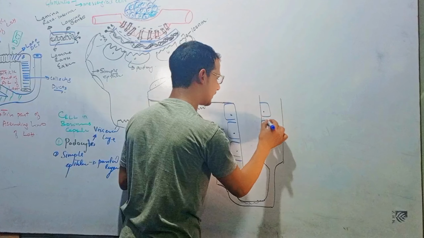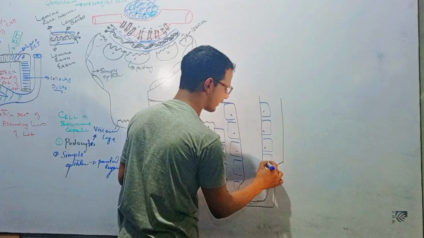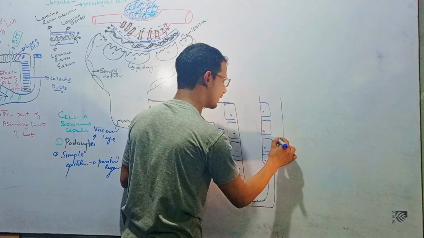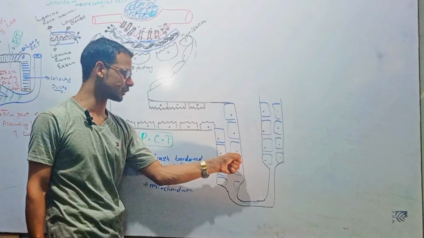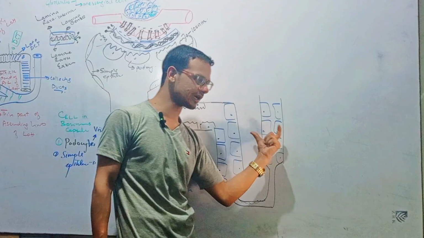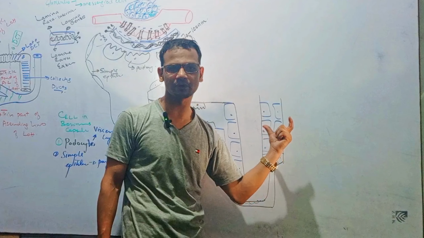Simple cuboidal epithelium, but there is a lot of difference between the ascending and descending limb, right? We will discuss that these cells have a very special type of transporter called aquaporin type 1, and this is only permeable to water, and this area is only permeable to electrolytes.